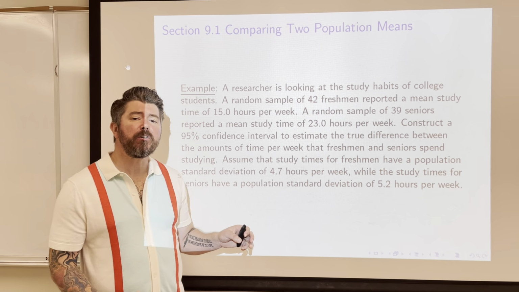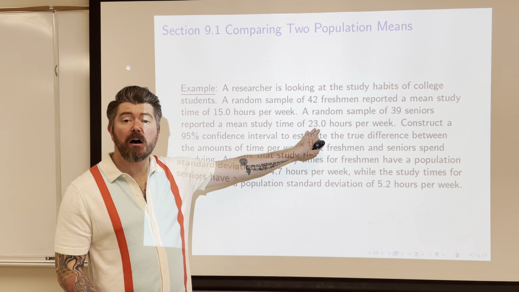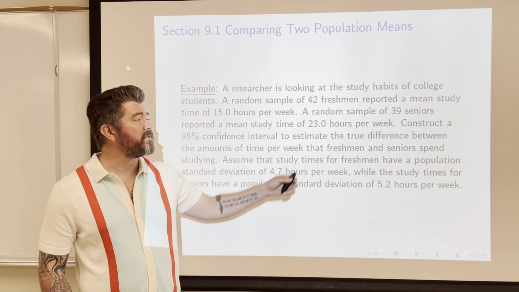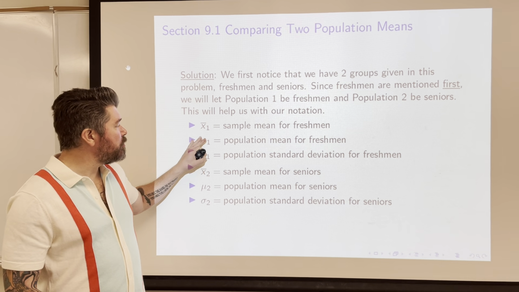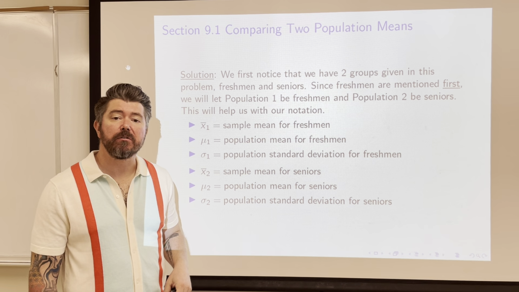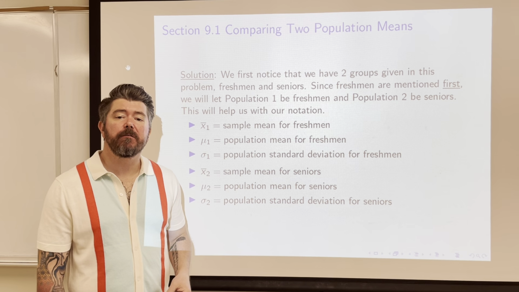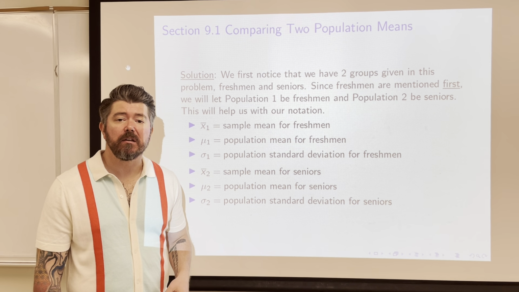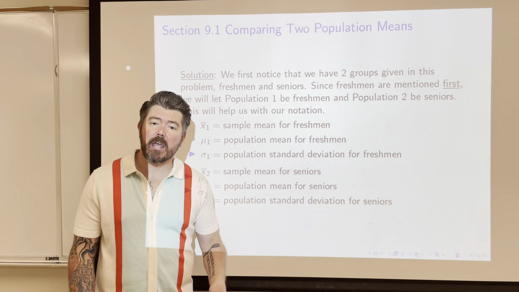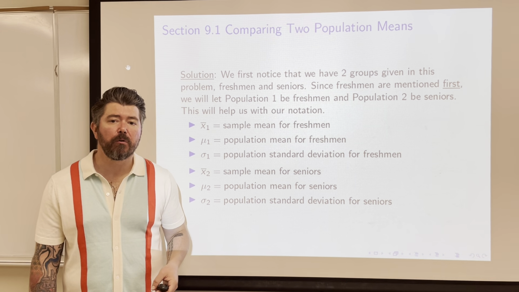But the most difficult part is not only finding the numeric values and pulling them out, but finding them and correctly labeling them. Once you label the numeric values, plugging them into the formula becomes very, very easy. Okay? So it's the same process as we saw in chapter 8. It's just a different formula.